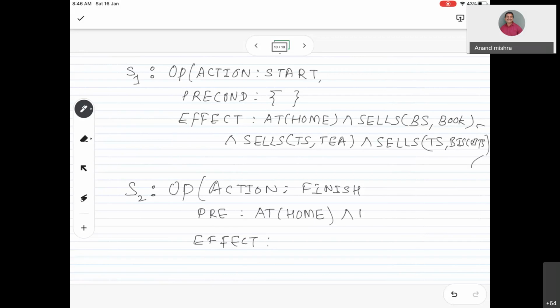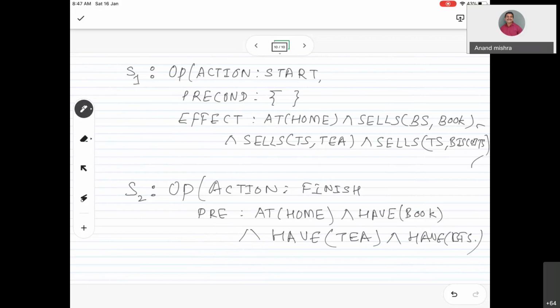And you need to have a book like this, and have tea, and have kids, right? And the effect is nothing.